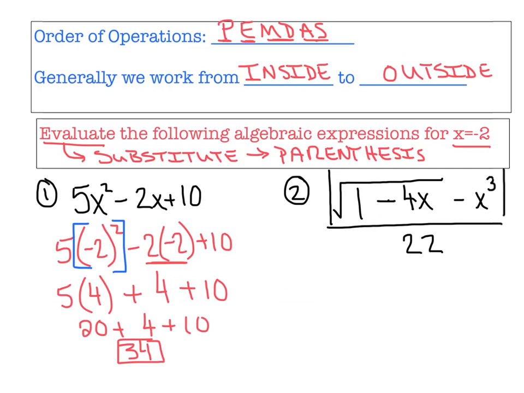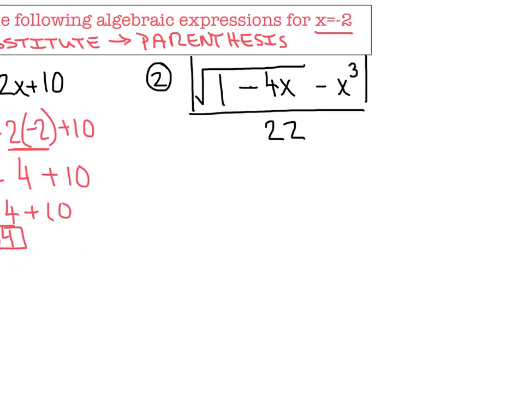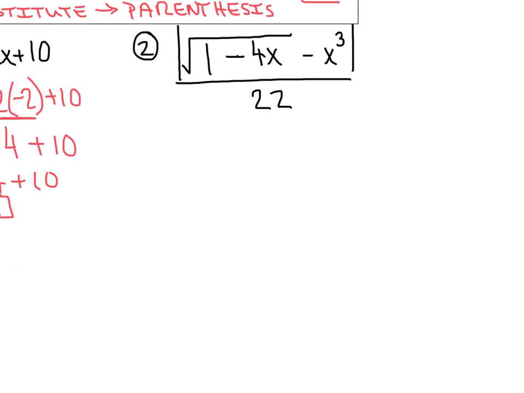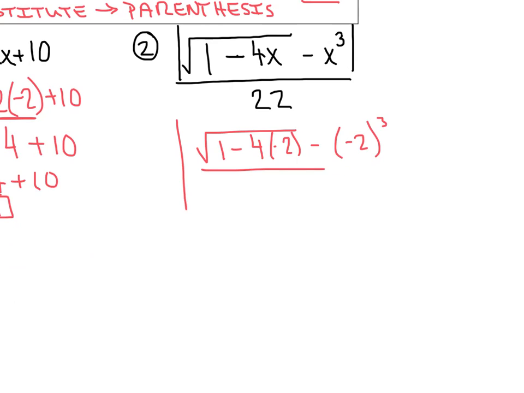Alright, now my second one's going to be significantly uglier, so hopefully we can battle through this one. I'm going to move the screen a little bit. And I'm going to use great parentheses, and substitute my -2 here. We've got these absolute value signs, we've got radicals, we've got a cubed for our power there.